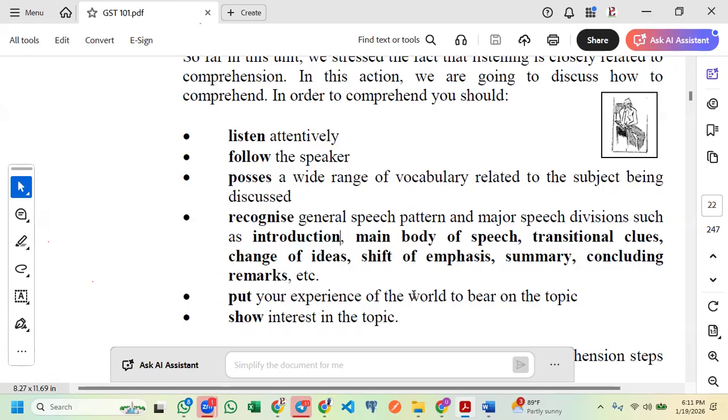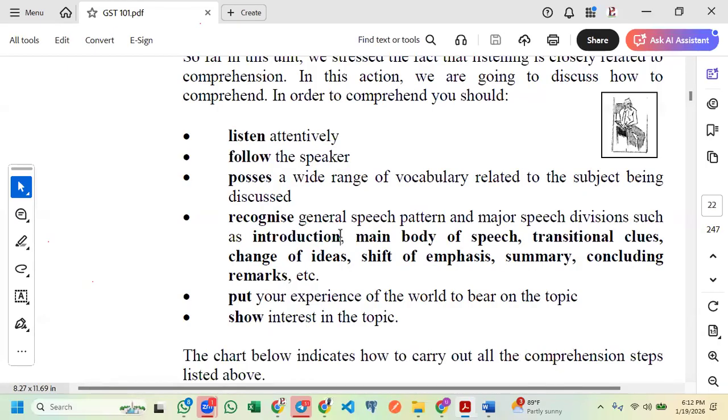So, how do I understand what I am listening to? I must listen attentively. I must follow the speaker. It's not like walking after the speaker, but using your mind to follow the speaker. Just like what we said in the listening enabling skills, anticipating what the speaker will say next. That is the meaning of following the speaker. Now, possess a wide range of vocabulary.